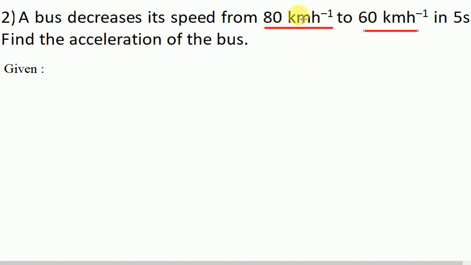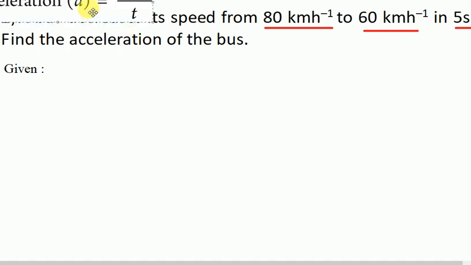So initial velocity we will consider as 80 km per hour, and finally the bus was moving with 60 km per hour, so final velocity is 60 km per hour. It took 5 seconds to do this change. So this is the information which I've read. That means in the question, v is given, u is given, t is given, and as you know the formula, a equals v minus u upon t.